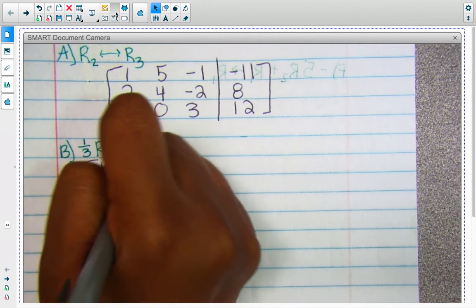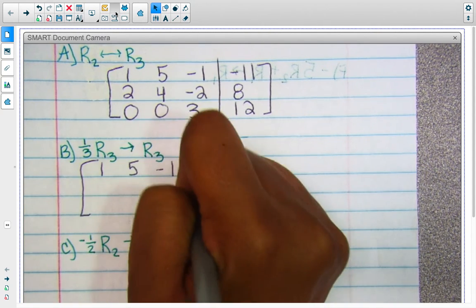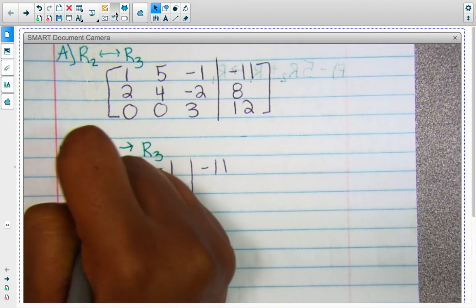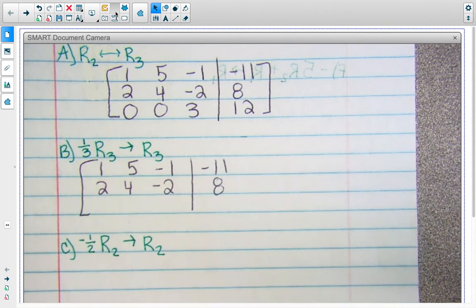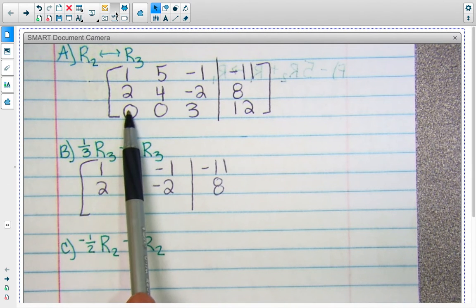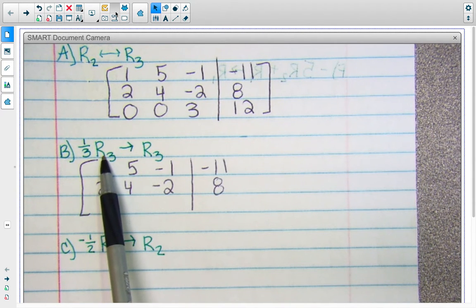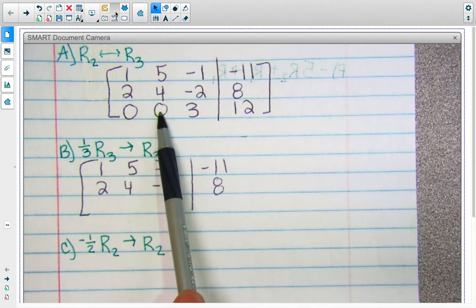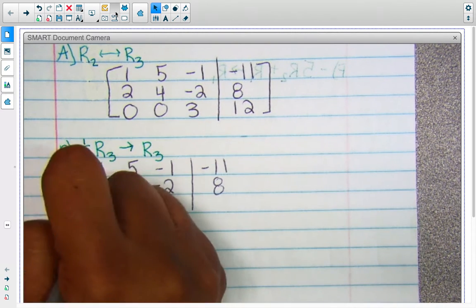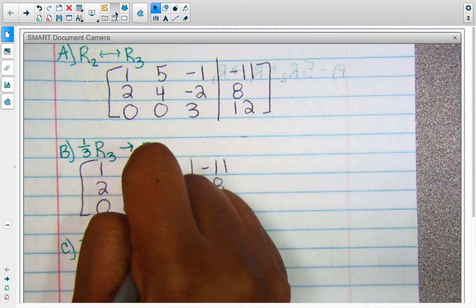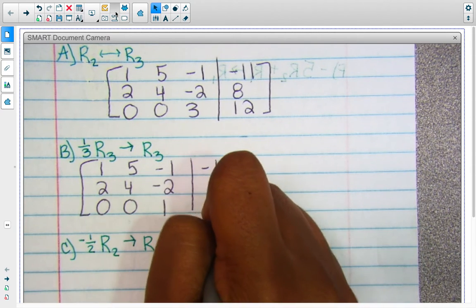I'm just going to bring them down. So I'm going to multiply everything in row 3 by 1/3. So 0, 0, 1, and 4.